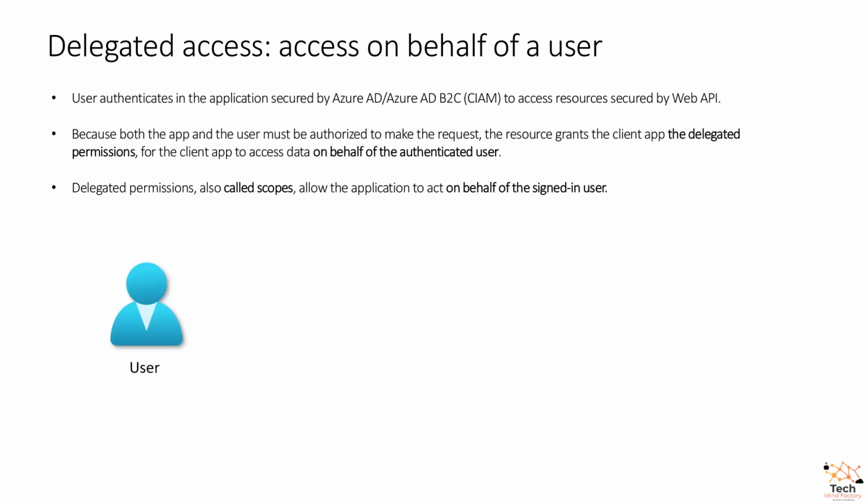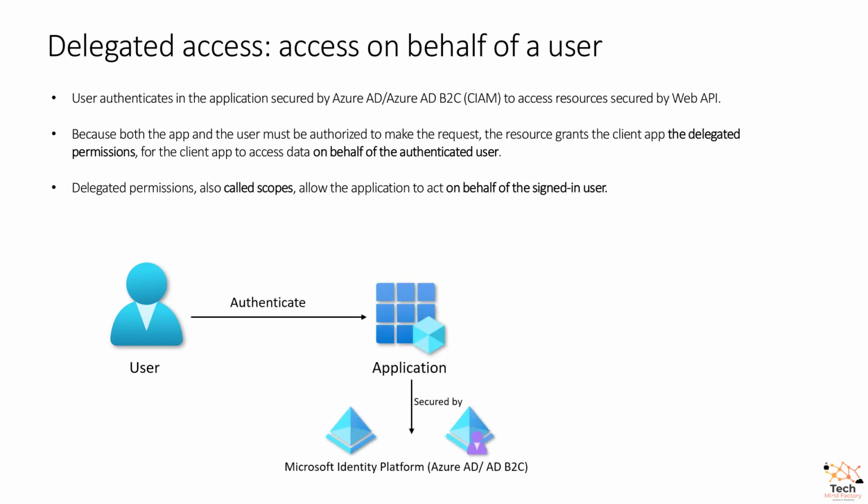So now let's look at this diagram. There is a user, and the user has to authenticate within the application. And obviously this application is secured by Microsoft Identity Platform, so Azure Active Directory or Azure Active Directory B2C or SIAM.